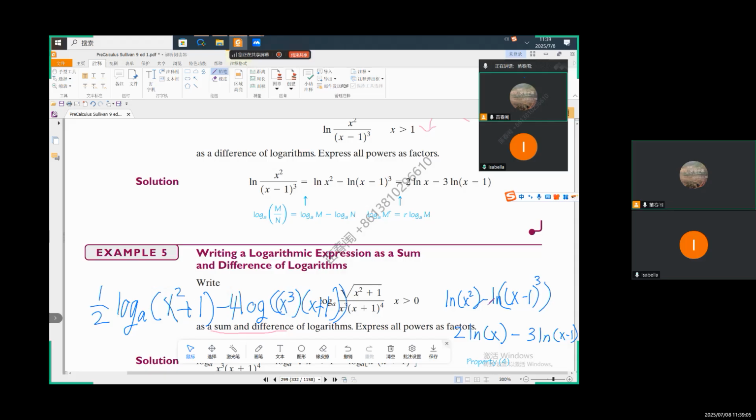And I guess then that would be minus 4 log. Wait, you can't drop the 4, because this 4 was here originally. I can't drop the 4, sorry. So it's 4 instead. Sorry, I wasn't thinking.